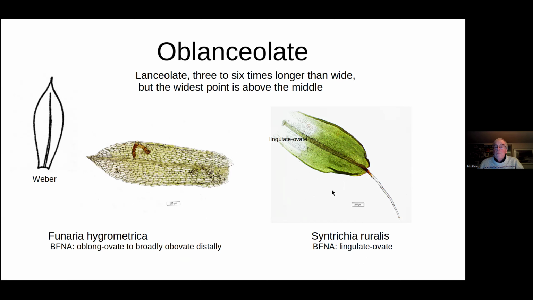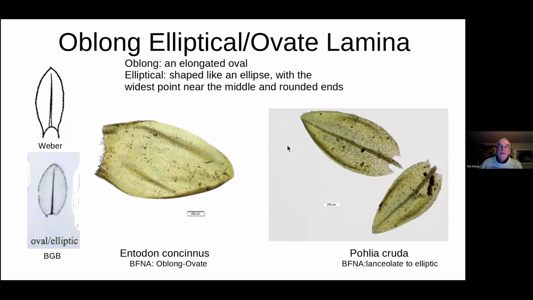No, that's right. The widest point here is above the middle, but a different way of describing that is lingulate ovate, and we'll get to lingulate in a minute, which is tongue shaped. Yeah, it's tongue shaped. So that's oblanceolate.